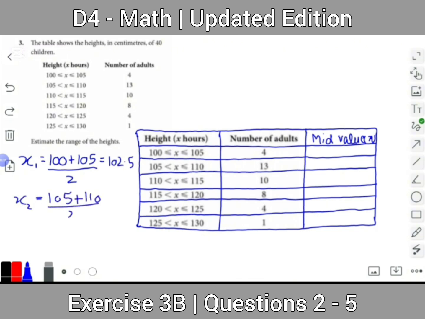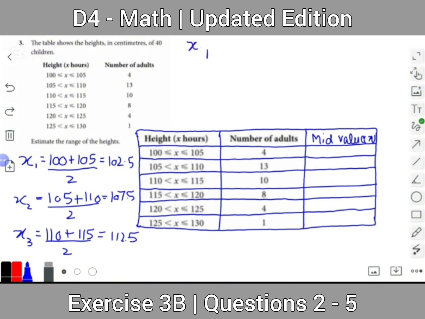It will be divided by 2 and it will be equal to 107.5. Now for the third class interval, the lower limit is 110 plus the upper limit 115 divided by 2, and it will be equal to 112.5.